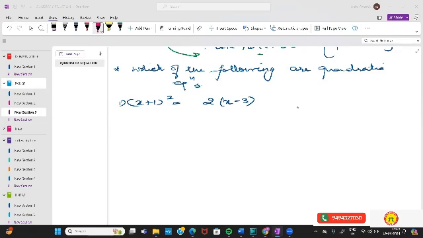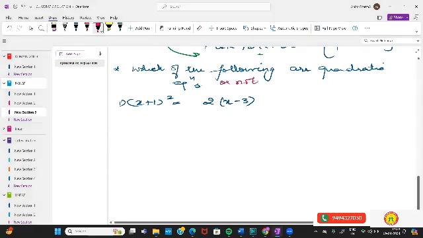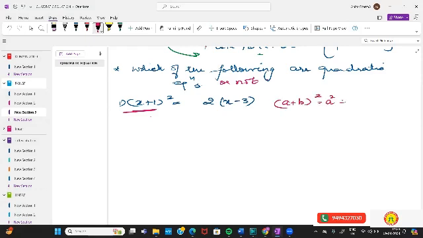Okay. Ma'am, how is it to solve? Just expand this. It is a quadratic equation. Okay, let's check. So a plus b whole square will be equal to a square plus b square plus 2ab. Right?